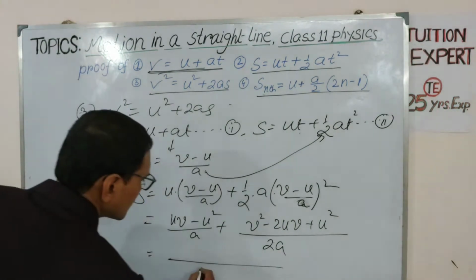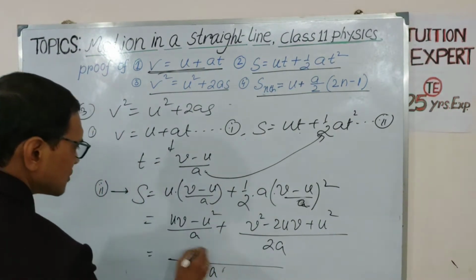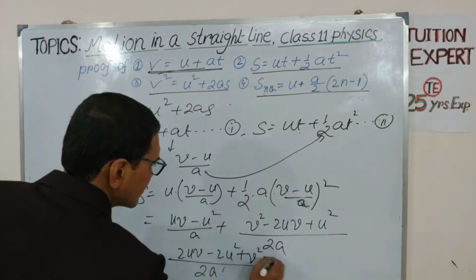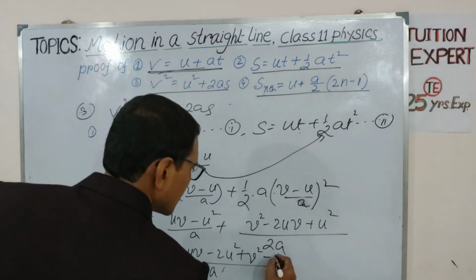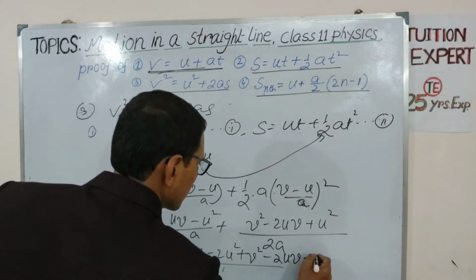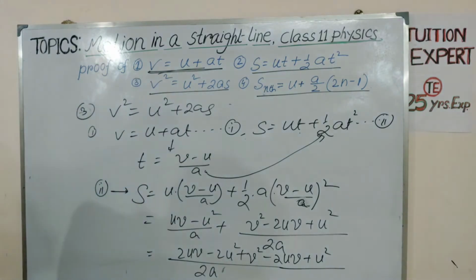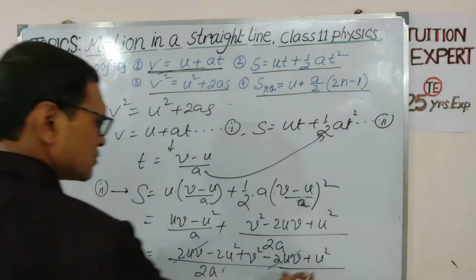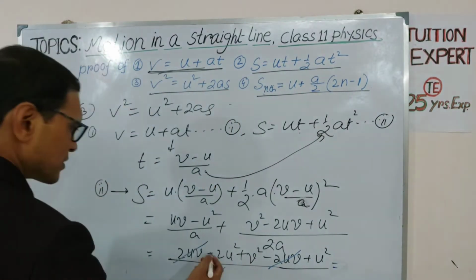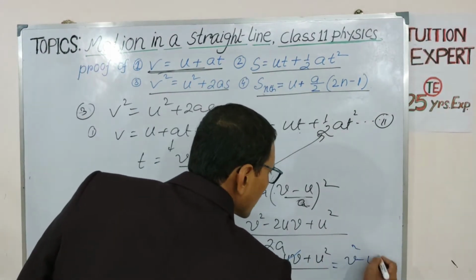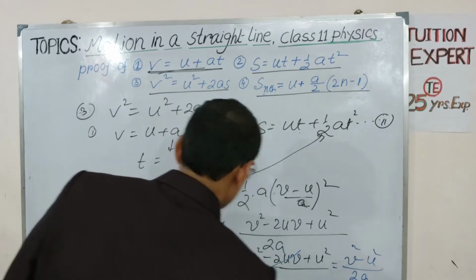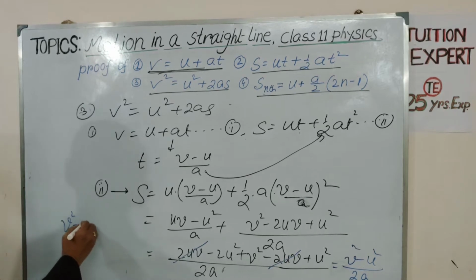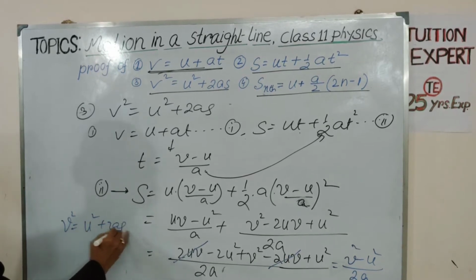Now 2a, cancel this and this, and we get u square minus v square. So we get v square equal to u square plus 2as from this equation.